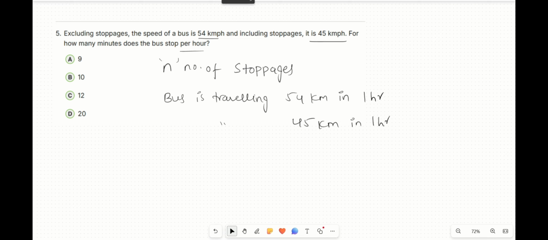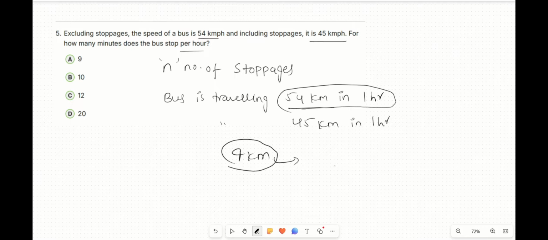So here what we can observe is that due to the stoppings, it is not traveling 9 kilometers. So how much time will it take to travel 9 kilometers with 54 kilometer per hour speed? Time equals distance by speed.